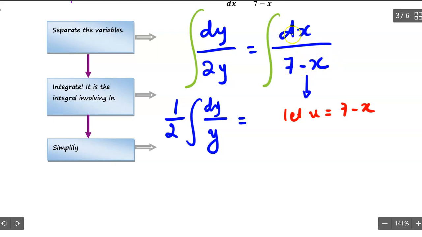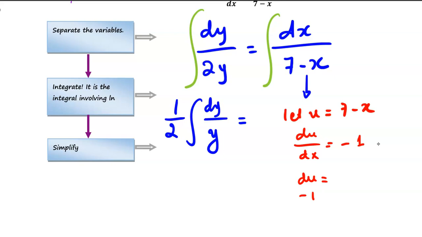The factor dx is on top, and your whole expression is at the denominator. So you need to let this equal to u. Immediately after, you are going to differentiate, so this will give you a -1.